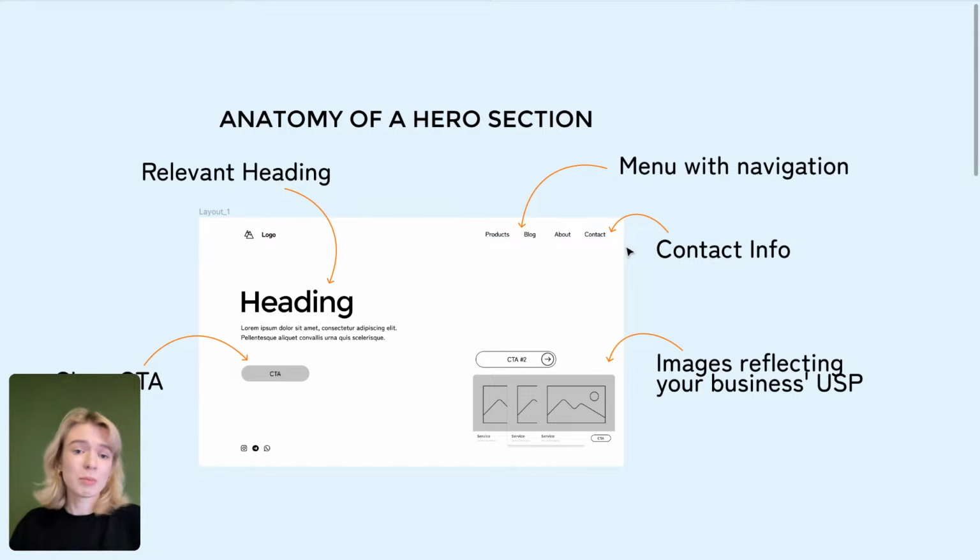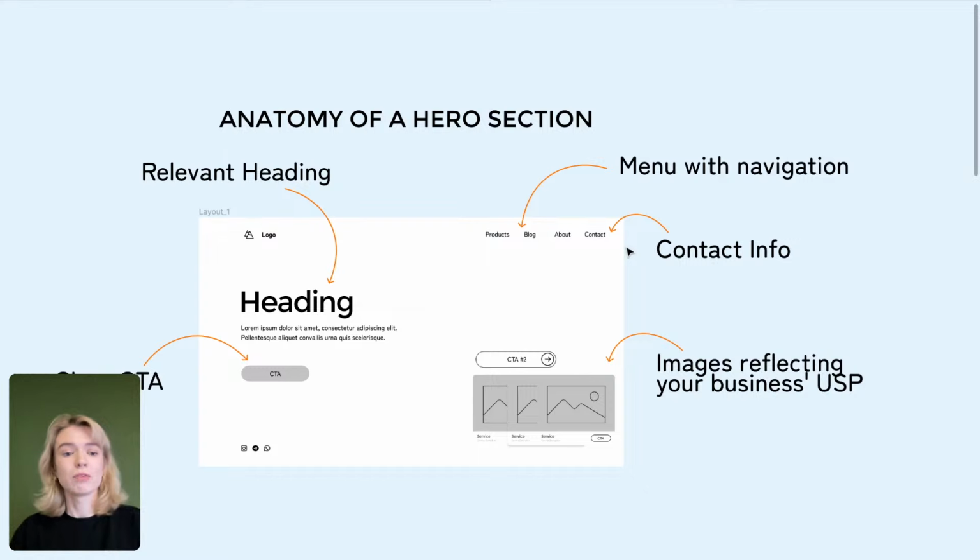Our today's webinar is not really about copywriting, but we will definitely make sure to tackle it later on. Then after the heading, you can have a short description. It doesn't have to be a big chunk of text, but make sure you have just a smaller text, maybe elaborating on what you said in the heading.